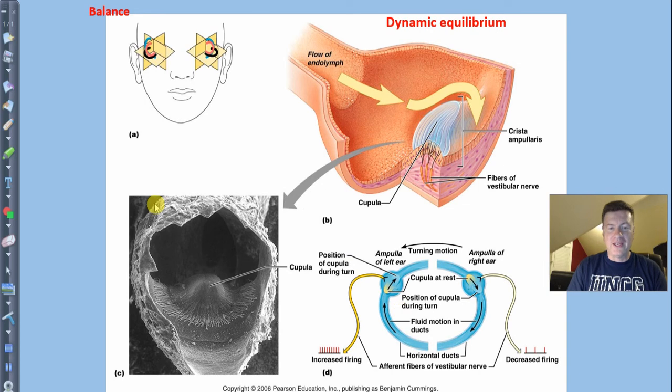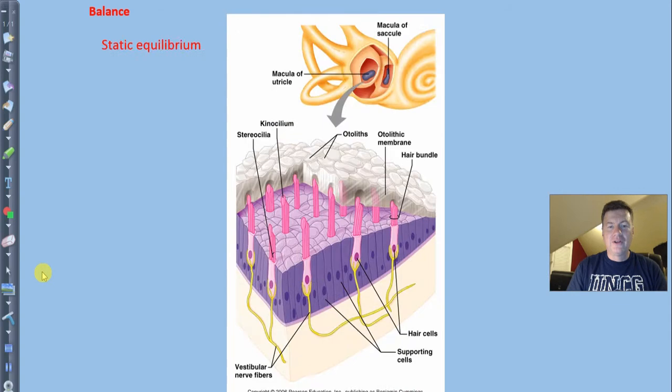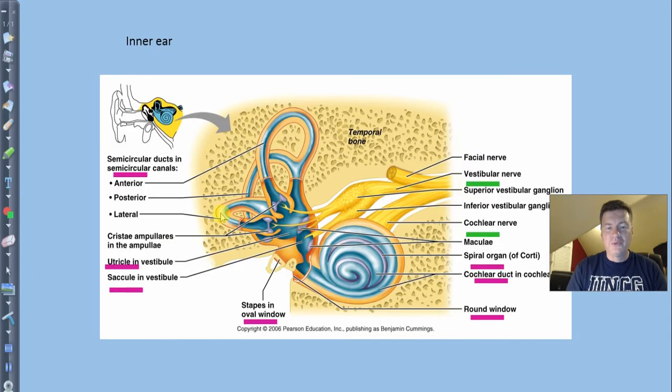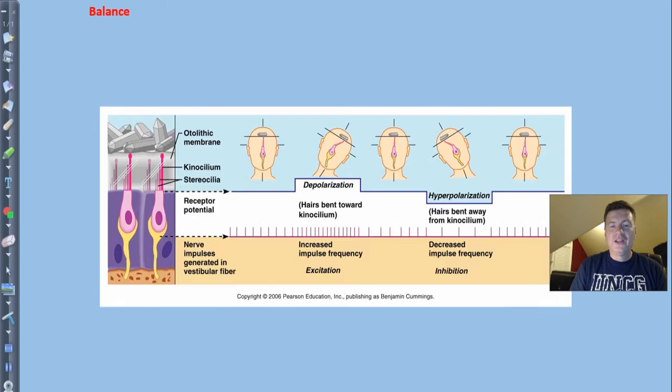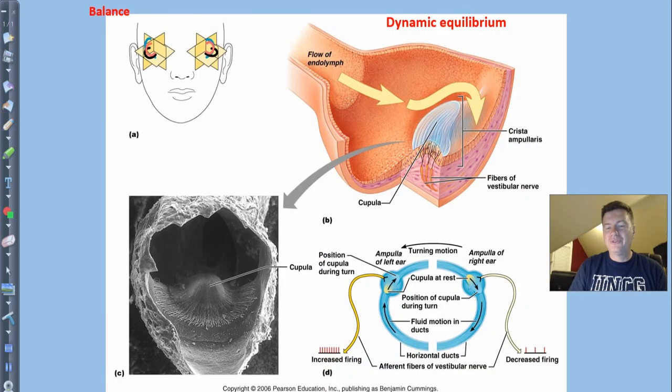Let me go back just a second to show you this. So we're talking about this one here. Notice this one has fluid in it, and there's a little receptor right here. So imagine that your head begins to move in this way. You're kind of moving in a circle. If you're moving in a circle, what happens to the fluid?